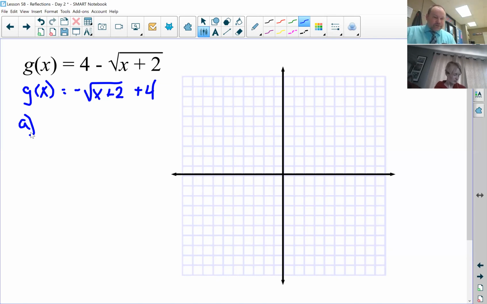All right, so listing the parent function. Again, that gets rid of everything but the x and the square root in this case.